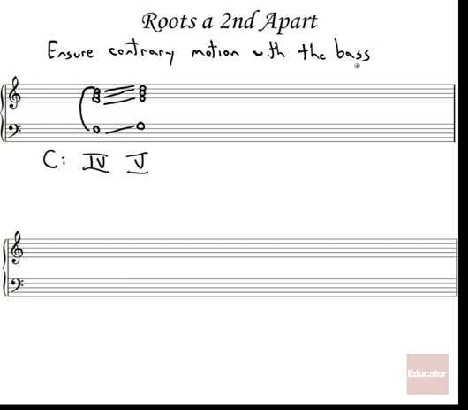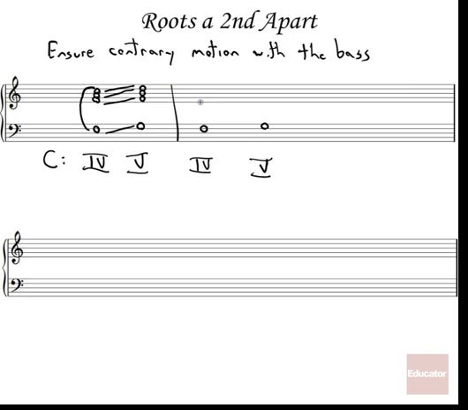So we want to make sure that, I'll write this over again here, if the bass is moving up by step and these are both root position chords, the upper voices are going to move in the opposite direction. And then we'll just try to keep it as smooth as possible from that.